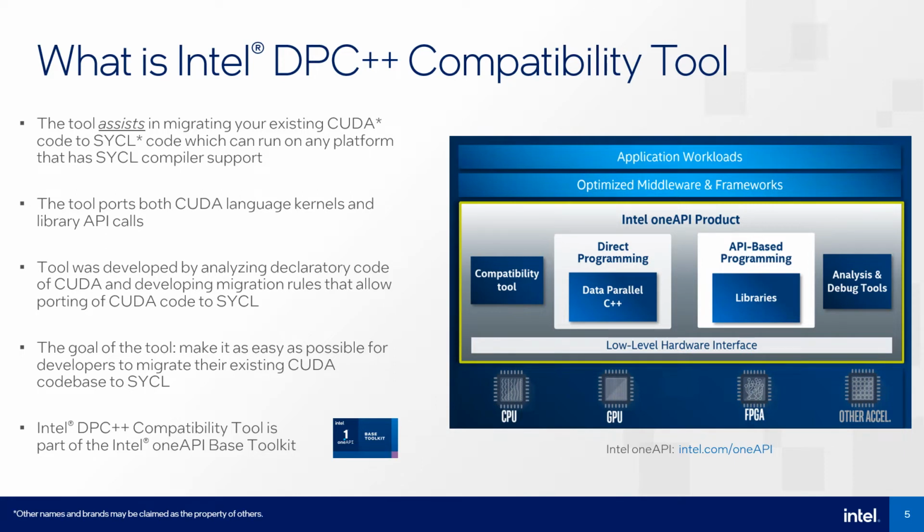The goal of the tool is to make it as easy as possible for developers to migrate their existing CUDA code to SYCL code, and improve code migration efficiency. The Intel DPC++ Compatibility Tool is included in the Intel oneAPI Base Toolkit.